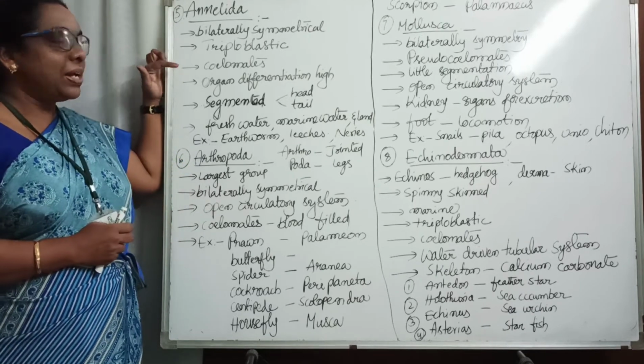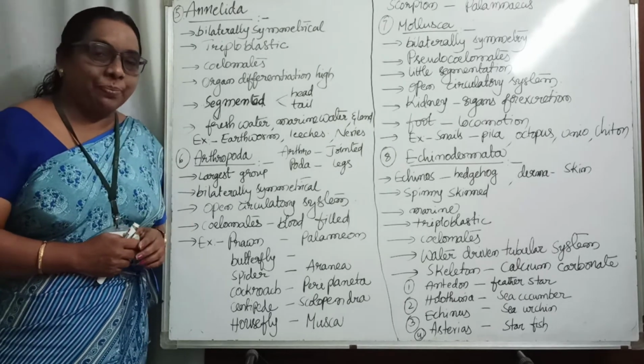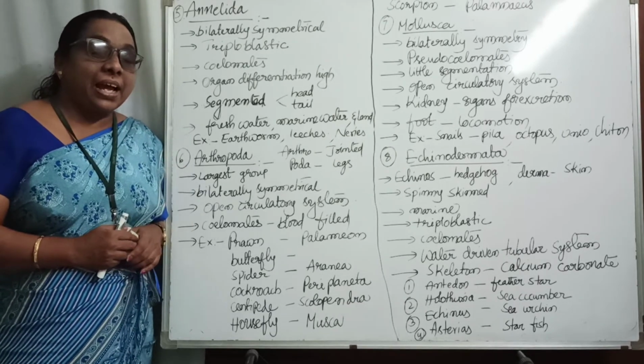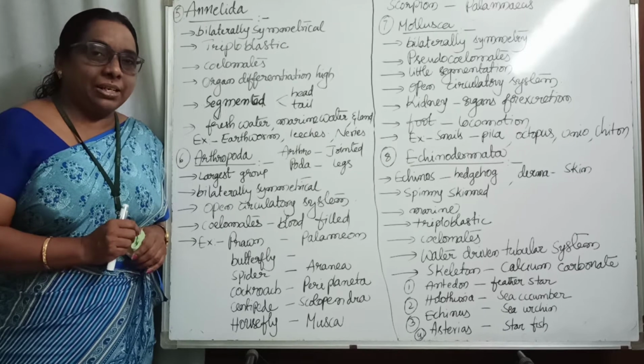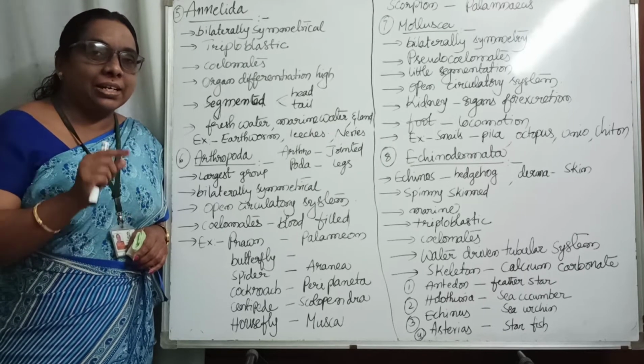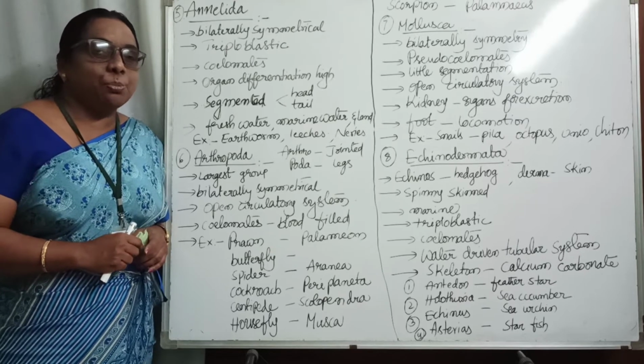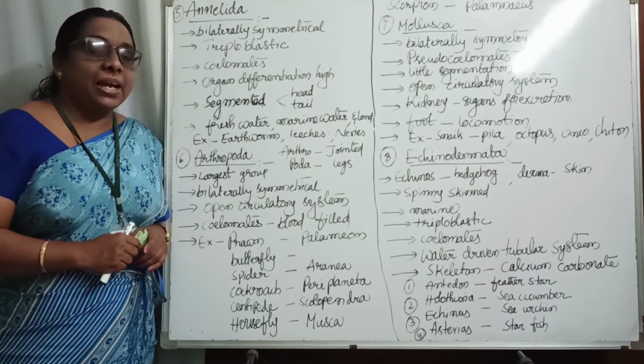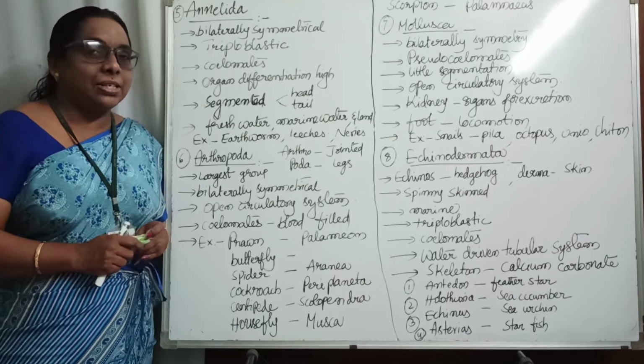And these organisms are coelomates. Coelomates means they have a true body cavity. That means between the body wall and the internal organs there is a space. That particular space we call the coelomic space, and that is the reason they are called coelomates.